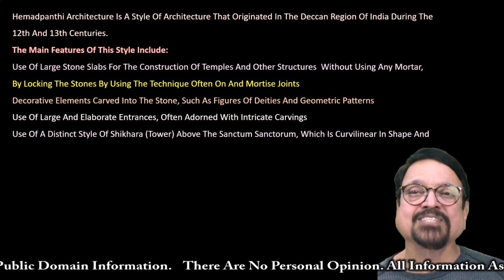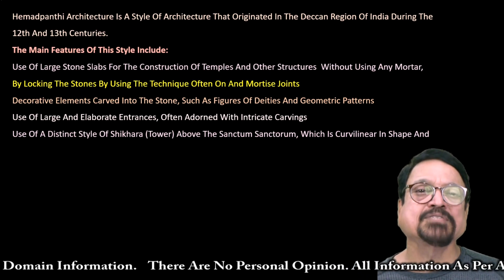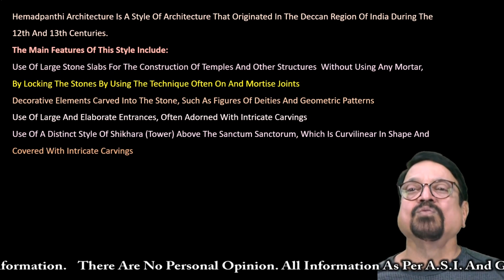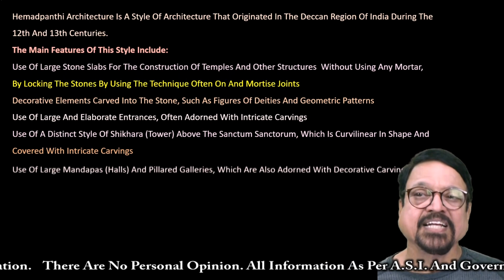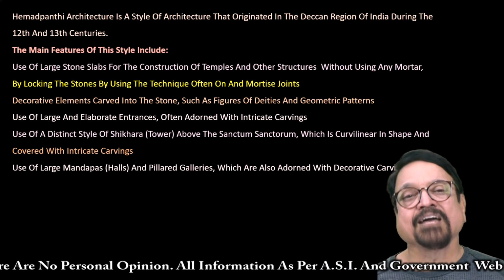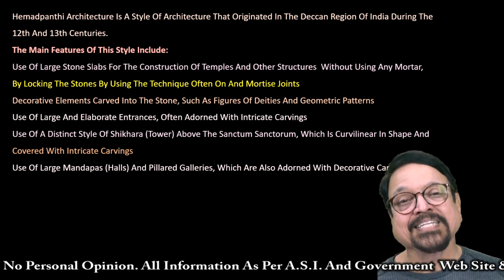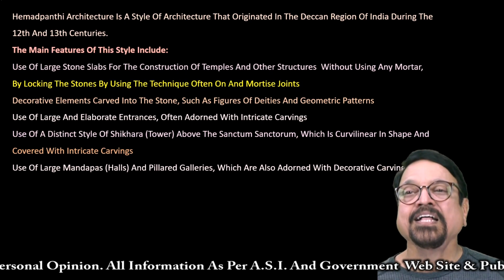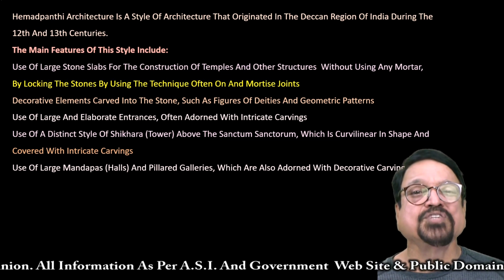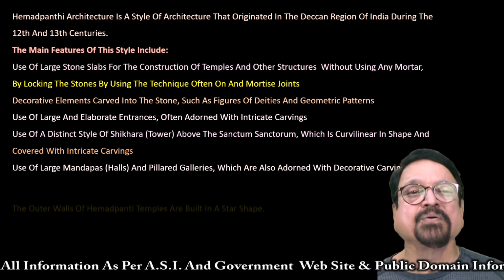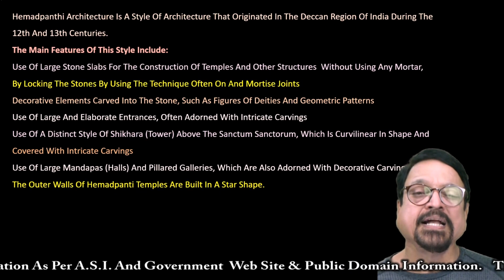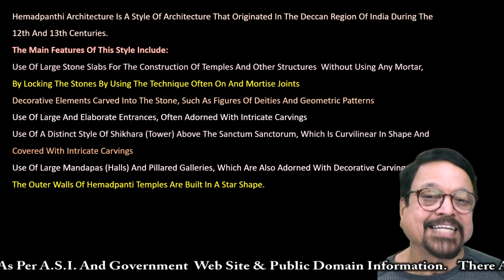Use of distinct styles of shikhara above the sanctum sanctorum, which is curvilinear in shape, covers the intricate carvings. They protect them from the sun, rain and atmosphere. Use of large mandapas, halls and pillared galleries, which were also adorned with decorative carvings. The outer walls of the Hemadpanthi temple are also built in a star shape. Where have we seen star shaped?